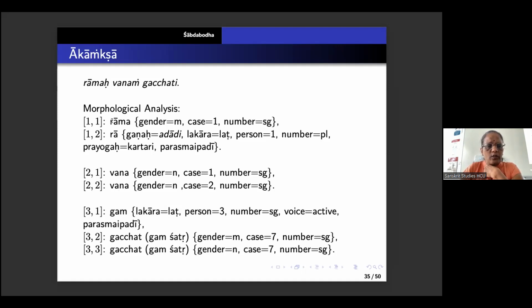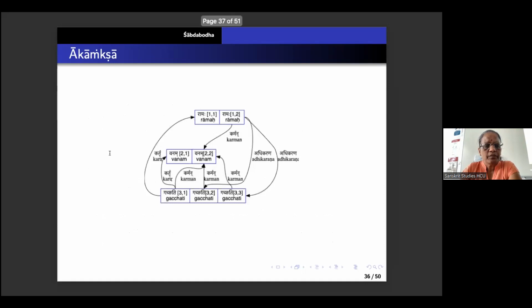Corresponding to each of these morph analyses, we have a node, and then we try to see which nodes are related to which other nodes. For Rama, we have 2, for Vana, there are 2, and for Gacchati, there are 3. And we try to establish the relations between these based on the grammar.